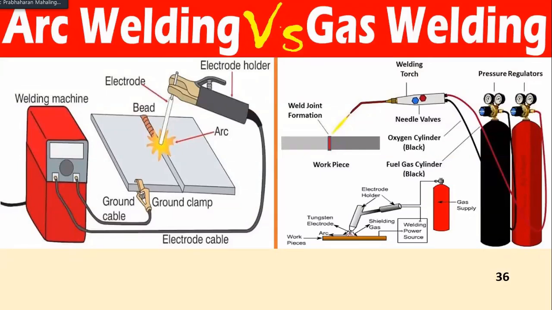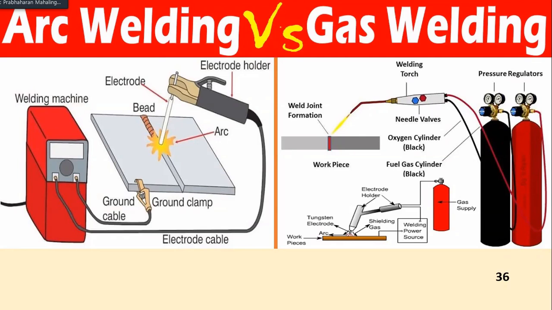After utilization, we remove this slag. Slag prevents oxidation of heated metal. At the same time, after operation, the slag may cause corrosiveness because of its acidity. So you remove that one. You have to remove that slag. Slag is a deposition of flux.